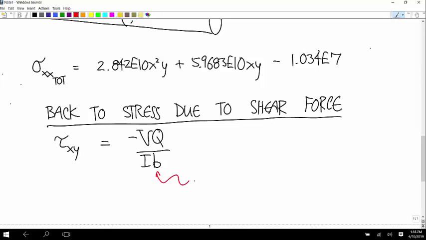B is the width of the cross section at the point in question.